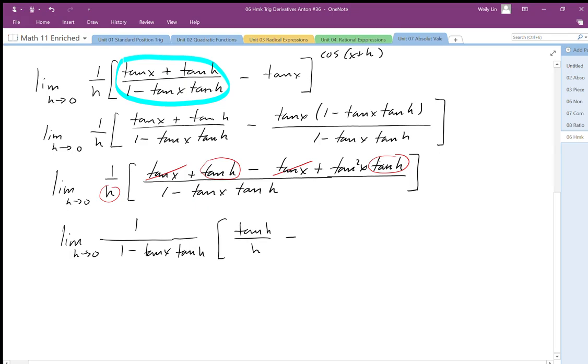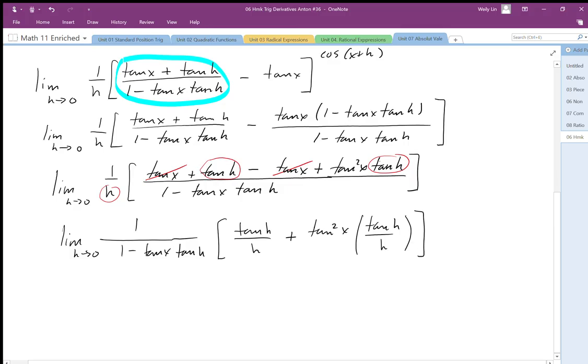Just double checking my signs here. That should be plus. Sorry, that's going to be plus tan squared x. And then the tan h and h I'm going to group together as tan h over h.